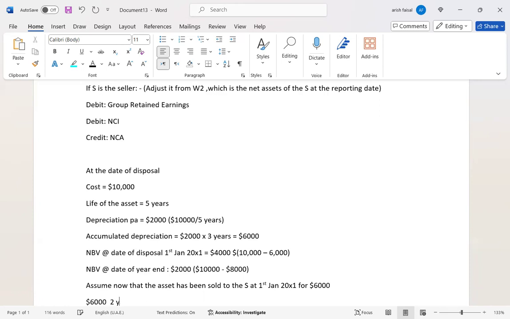So 6,000 divided by 2 years, in that case, the subsidiary would have charged a depreciation of 3,000.